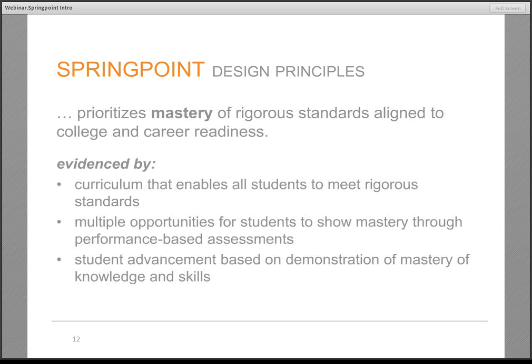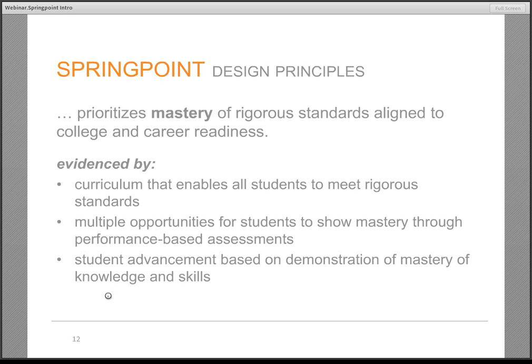The next design principle says that a high-performing high school prioritizes mastery of rigorous standards aligned to college and career readiness. So it's important here to understand that our belief is that mastery-based instruction aligns to the Common Core standards. So there should be in the design of these schools high standards for all kids, but differentiated supports that help them get there.